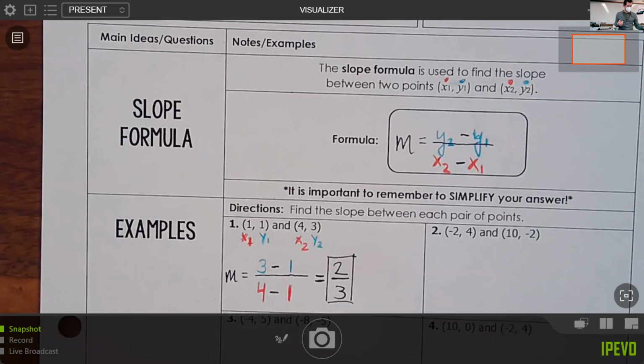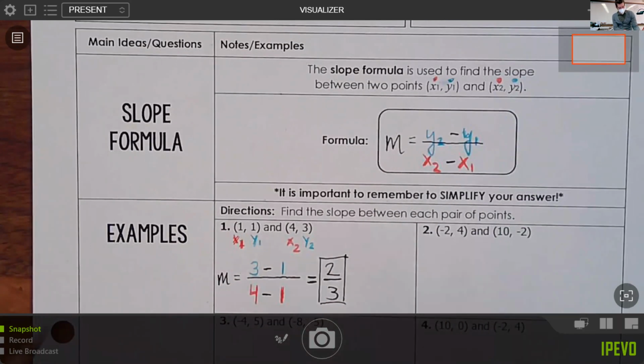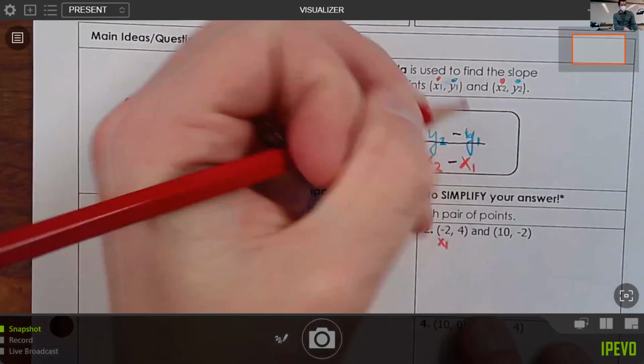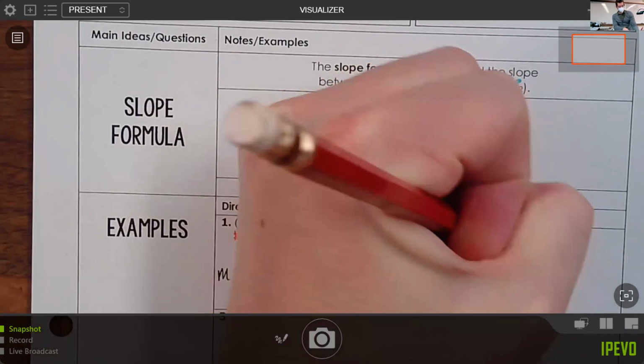All right, let's try another one. Problem number 2. Our first x coordinate is that first number, which is -2, so that's x1. Our second x coordinate is the 10, so that's x2.